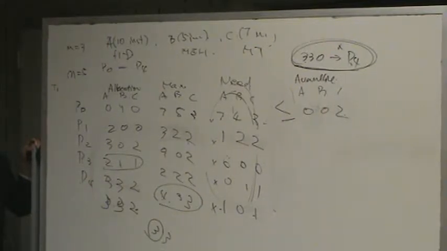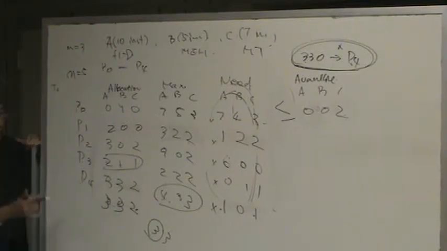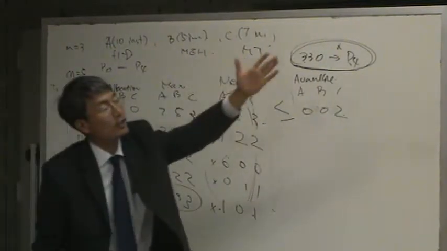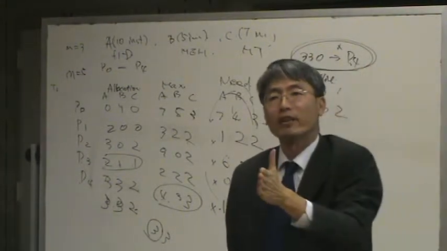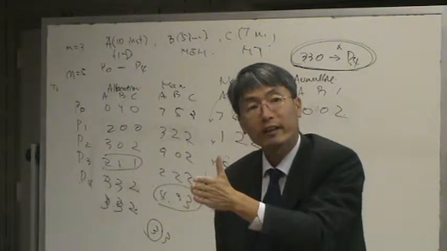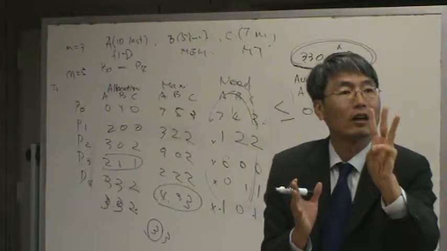How do you get the P4 request for 3, 3, 0? Is it just an assumption or a sudden requirement? Oh, it's an event, okay? At this moment, this is the current information at time t0 and time t1. For example, after that, what if P4 requests 3 more?